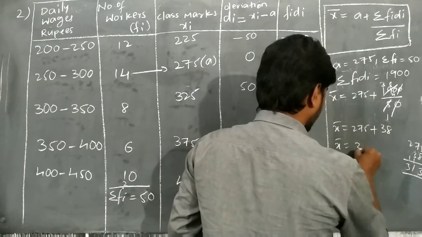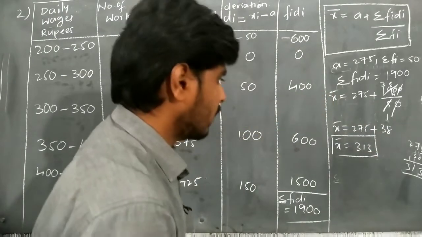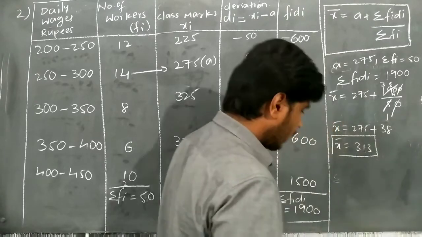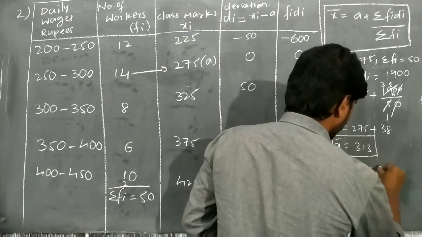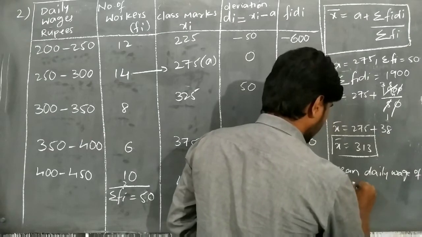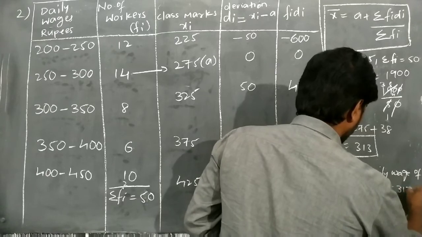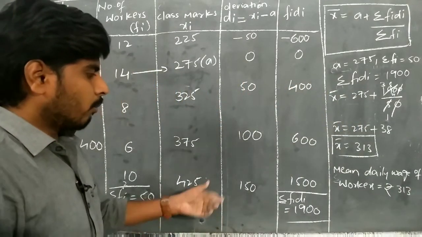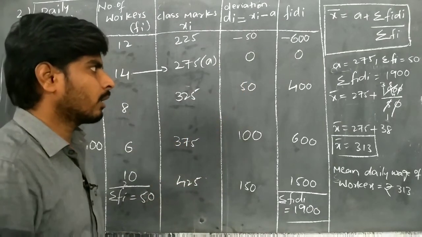So x bar is equal to 313. It means the average, that is the mean daily wage of workers, is equal to rupees 313. Okay, right? This is the mean found by using the deviation method. Okay, right?